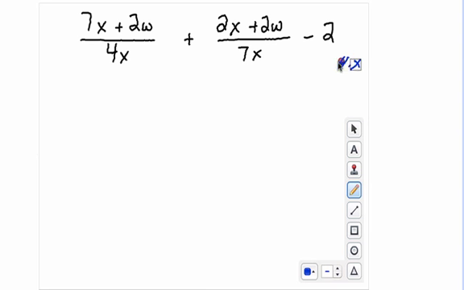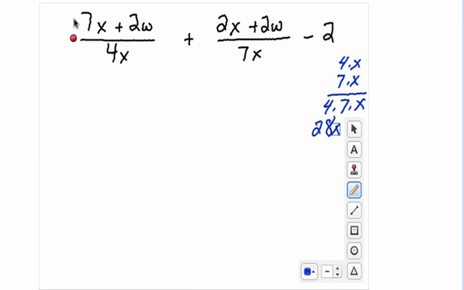You could break down the 4 into 2 and 2, but I noticed that my 7 is a prime number, so it's not going to really help me any. So you're going to need a 4, a 7, and an x in your denominator, or 28x.